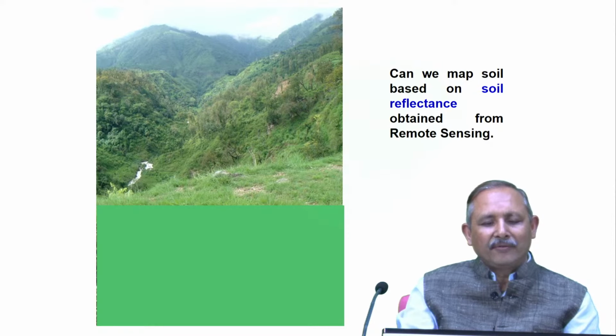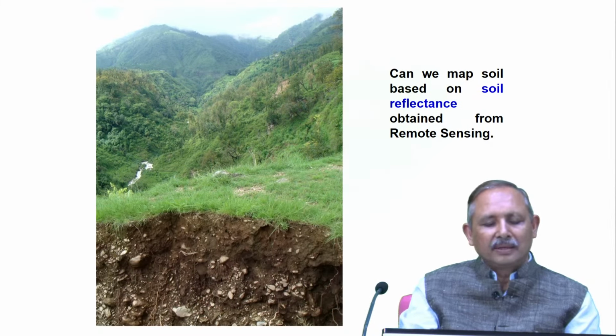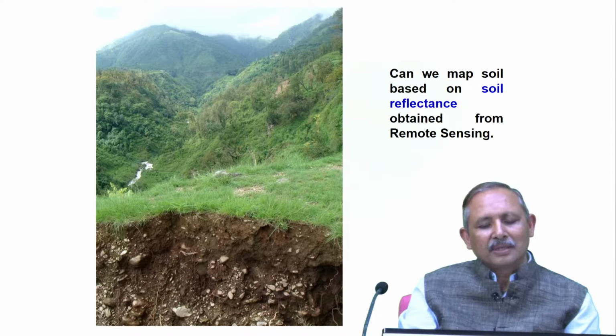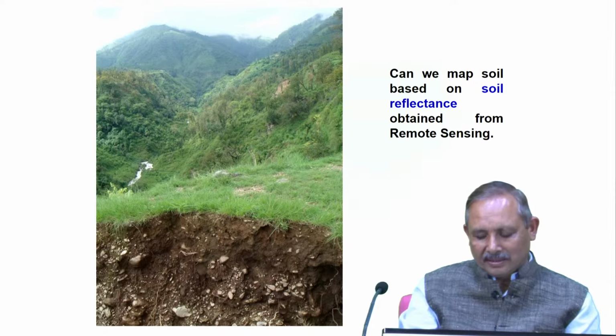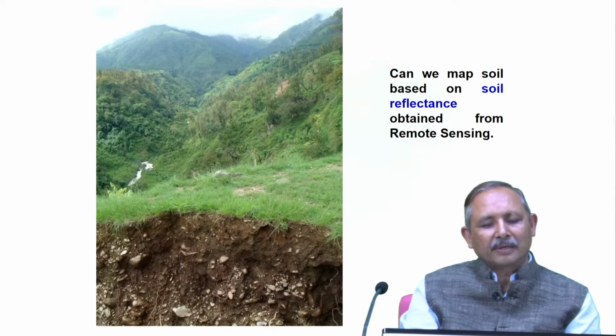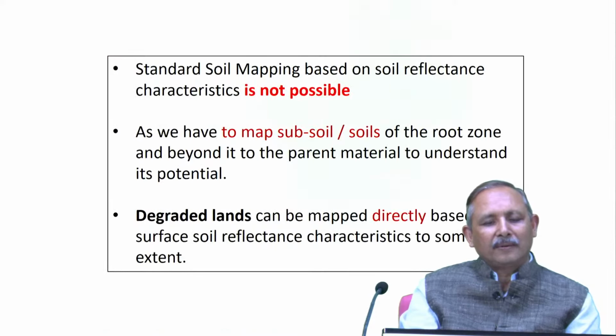Because if I take the cross section in this area, then I am getting soil information, because soils are darker in color, having stones or coarse fragments within that. So I can say that directly remote sensing data cannot be interpreted for the mapping of soil.